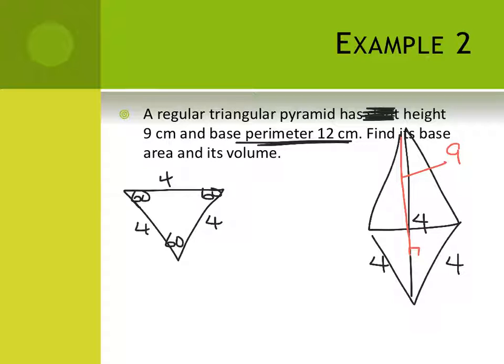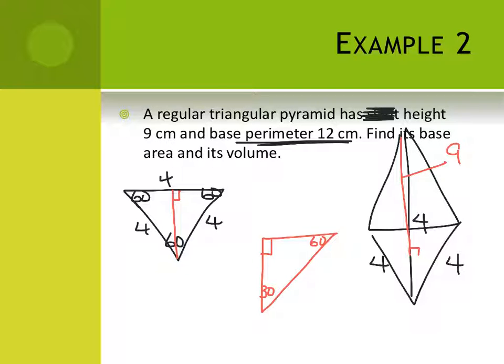And if I were to draw in the altitude, now I'm going to talk about just one side of my triangle. I've bisected this 60-degree angle, so up here is going to be 30 and then 60 over here.